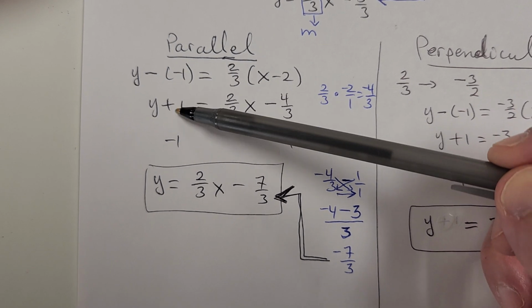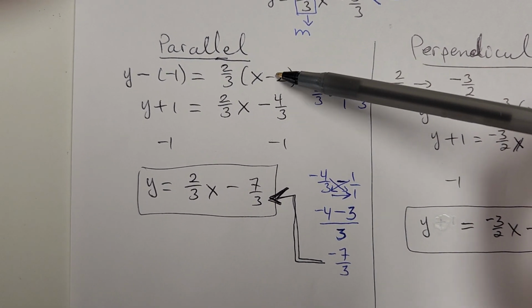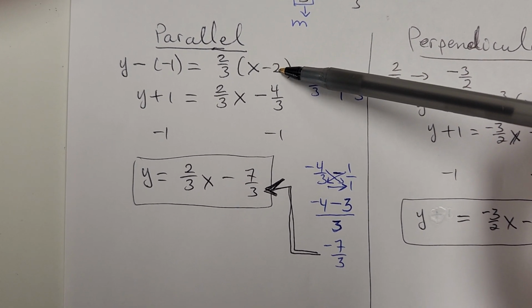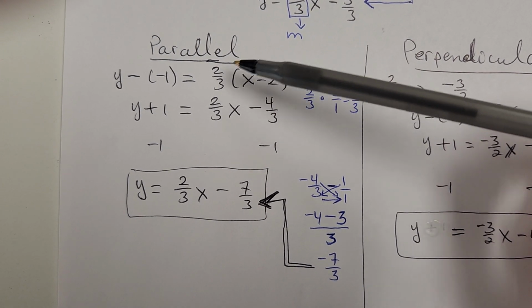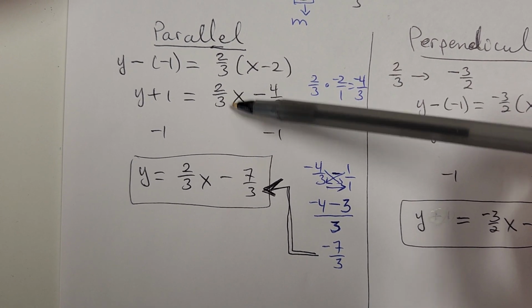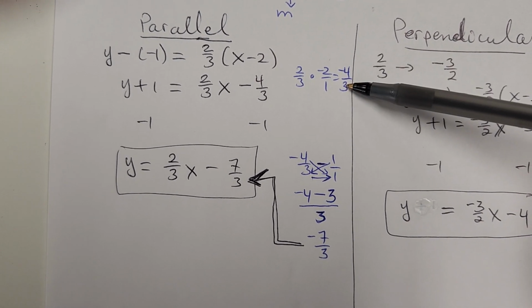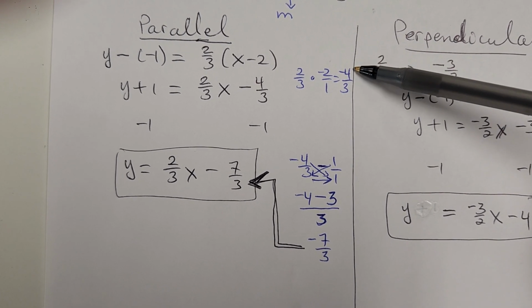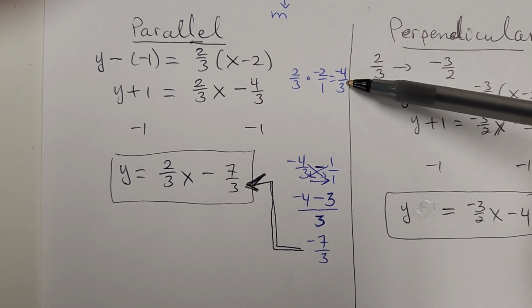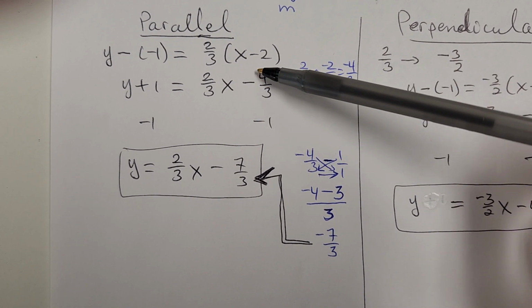Since I have two negatives, put them in parentheses. Negative, negative gives me positive. Over here, there's no extra negative, so leave that alone. So 2/3 times x is 2/3 x. 2/3 times negative 2: 2 times negative 2 is negative 4, 3 times 1 is 3, so negative 4/3 should be here.